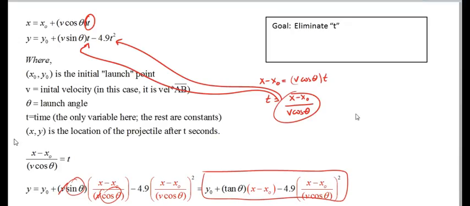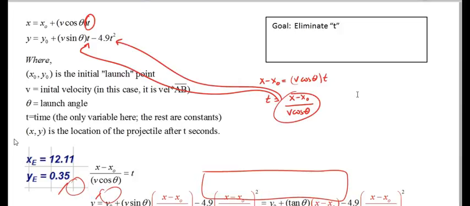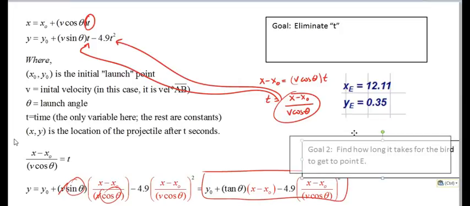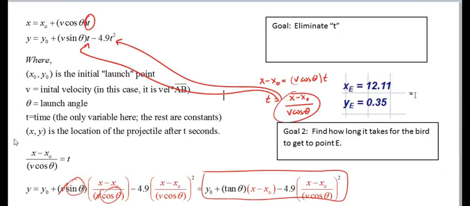Okay, we're back here on my calculations, and I have just found that the point of intersection is point E, and here are the coordinates. So here's my point, and my next goal is to find how long it will take for the bird to get to that point.